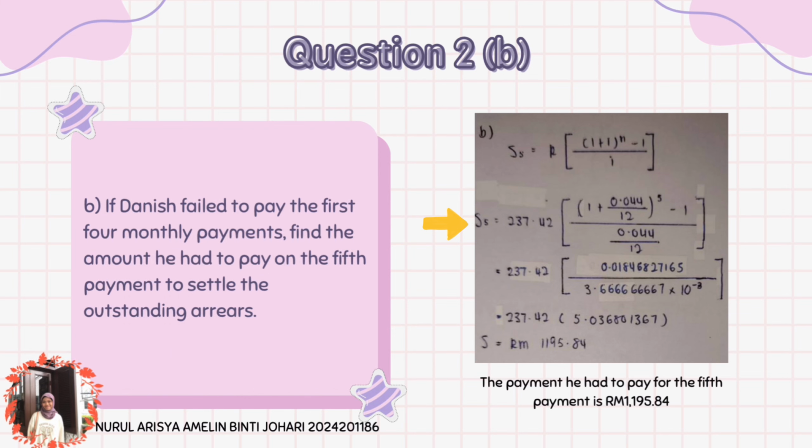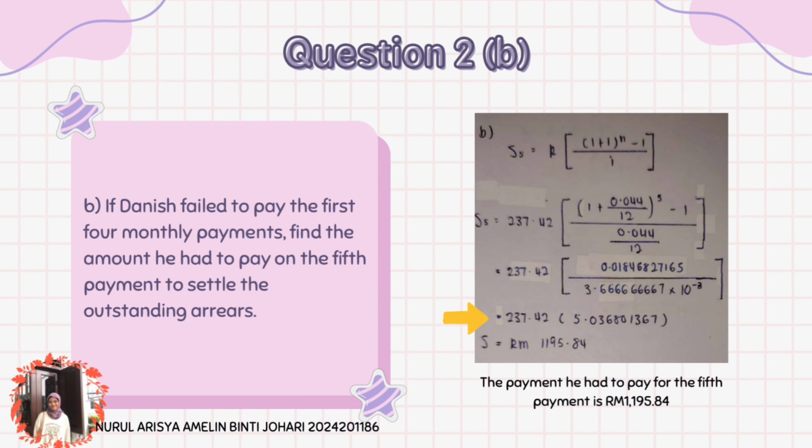Next, we have to solve the numbers in the bracket first, which is 1 plus 0.044 divided by 12, bracket to the power of 5, minus 1. And then it will be 237.42, bracket 0.01846827165 divided by 3.66666667 times 10 to the power of negative 3 bracket.